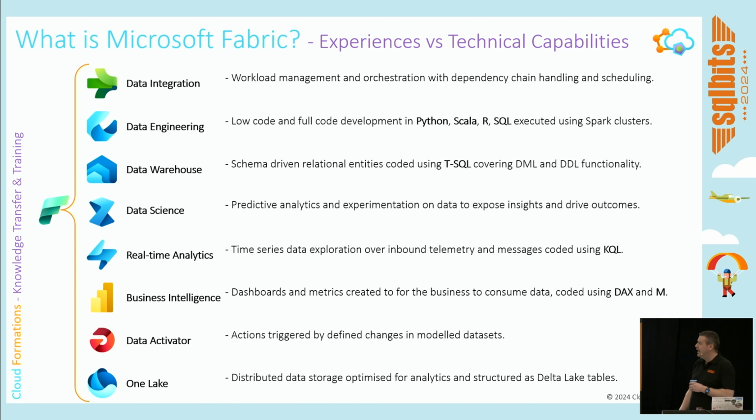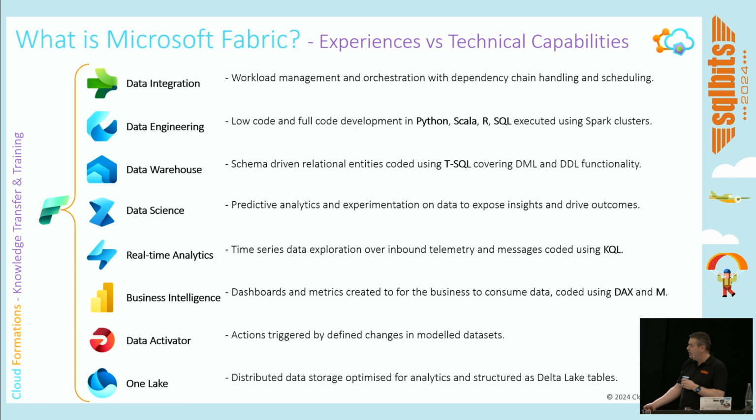But in terms of these capabilities or these experiences versus those technical capabilities, we can do things with scheduling, dependency chains. We can do things with full code using Scala, Python, etc. if we wanted to. We can build relational models if we want, using T-SQL. We can use KQL for our real-time data, DAX and M for our business intelligence.